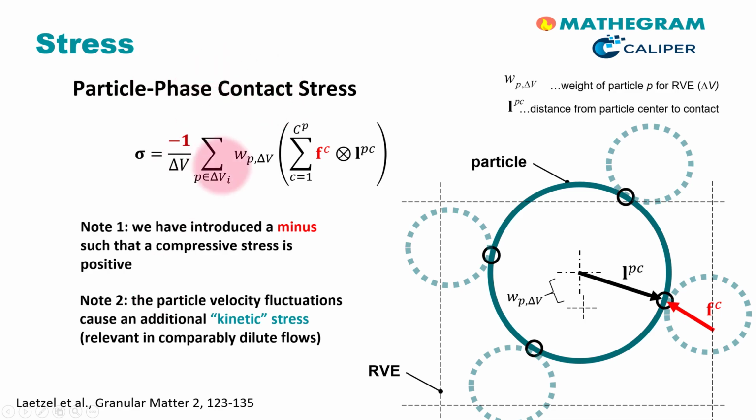Particle velocity fluctuations cause an additional kinetic stress. This kinetic stress, however, is only relevant in comparably dilute flows with few or no contacts. We will hence not discuss it in detail, and let us now progress to the next important quantity.